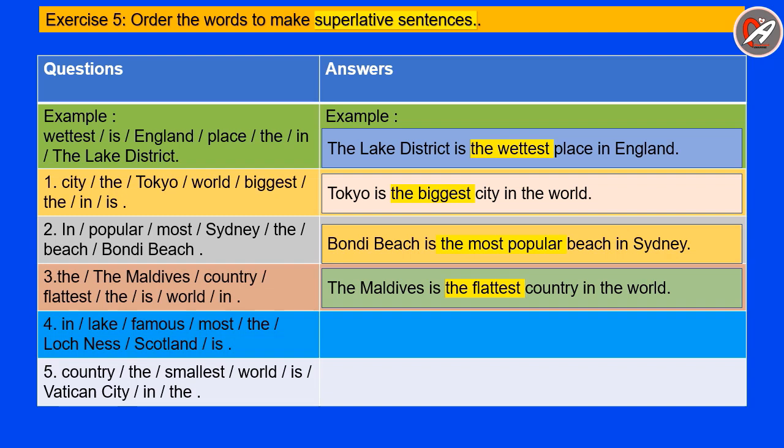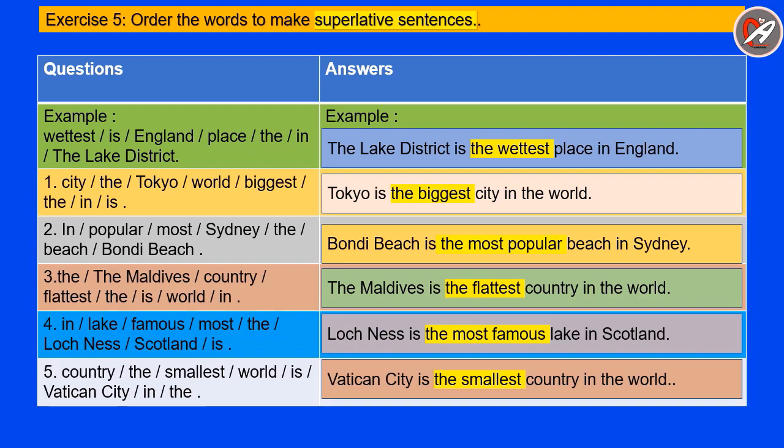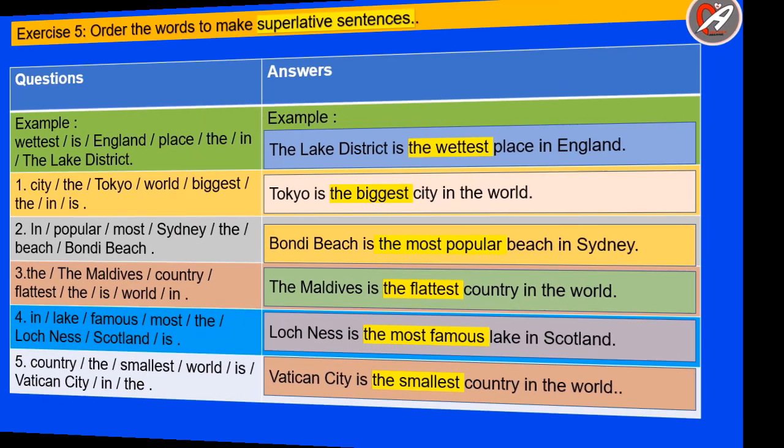Number 4: in Lake famous most the Loch Ness, Scotland is. The answer is: Loch Ness is the most famous lake in Scotland. And number 5: country the smallest world is Vatican City in the. The answer is: Vatican City is the smallest country in the world.